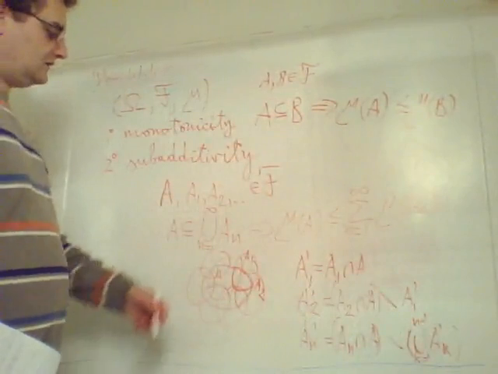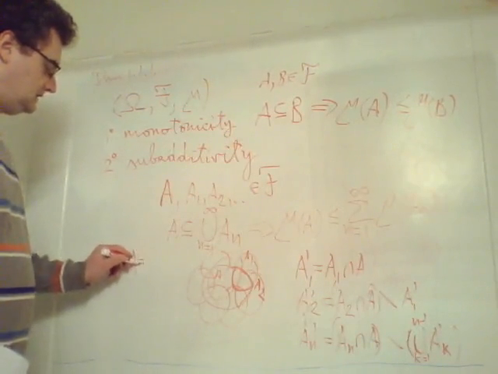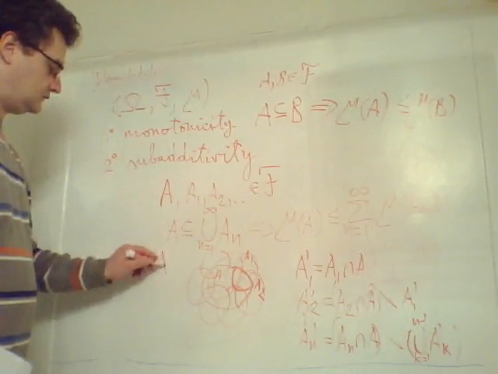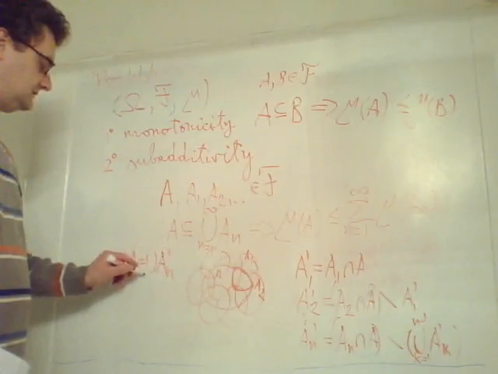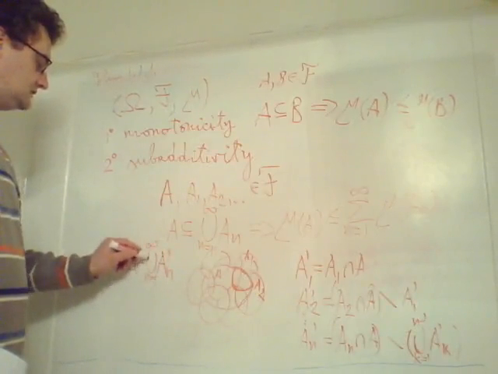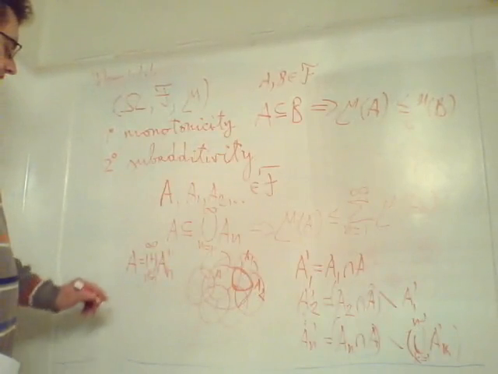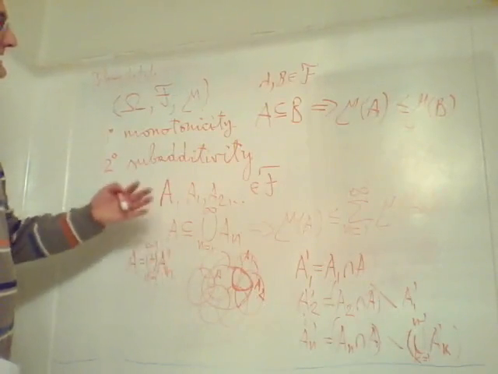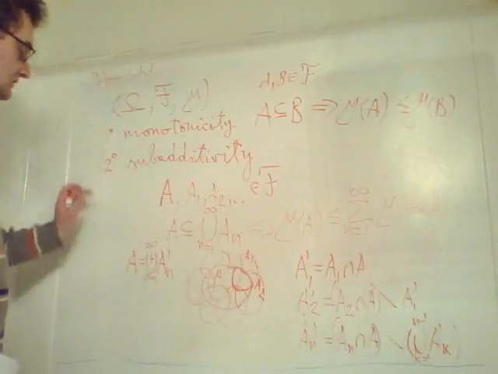Okay, now it's easy to see that A is a countable disjoint union of these AN primes, n goes from 1 to infinity, so it's a disjoint union. It's really easy to see, and so we can now use additivity, which is the property of measure by its definition.